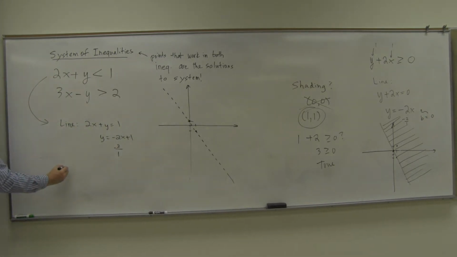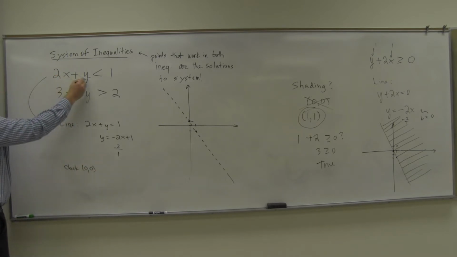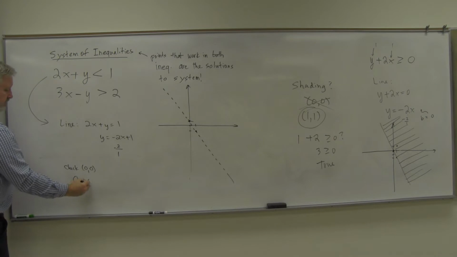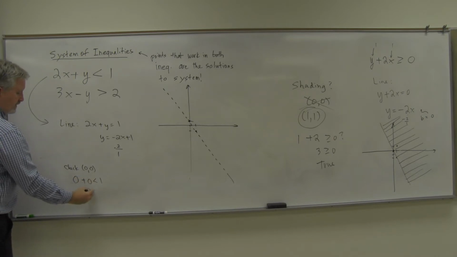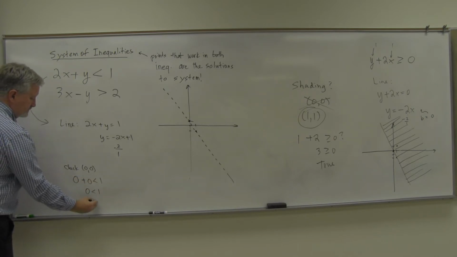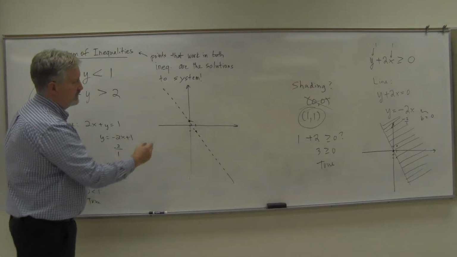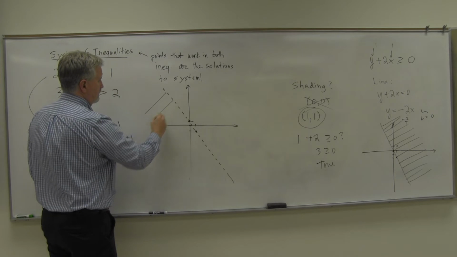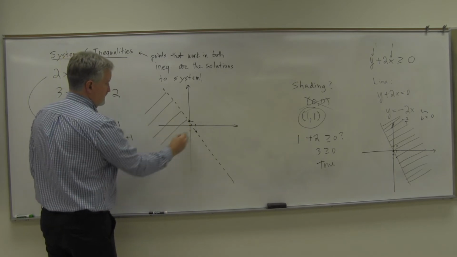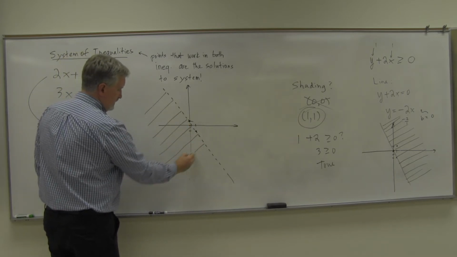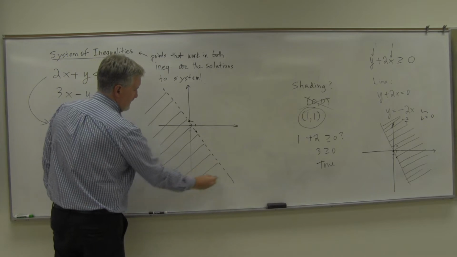All right, and so shading wise, if we check 0, 0: 0 plus 0 is less than 1. Well, that's true. So now we're looking at the shading to this side of that.